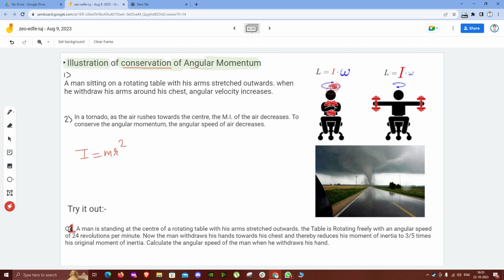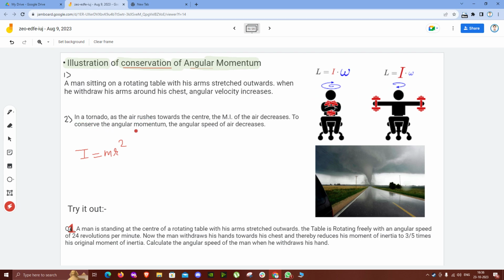The speed will increase. Why? So that L remains constant. I is decreased in this case, so omega has to increase, so that L remains constant. This happens because of nature's law of conservation of angular momentum.